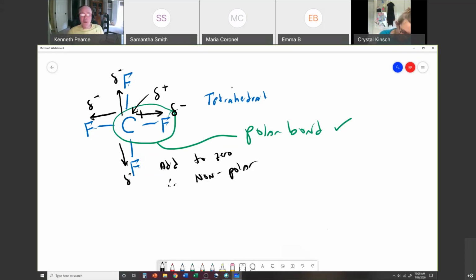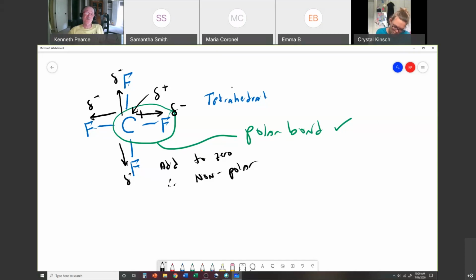Okay, another way of looking at this is that there has to be a net pull. You have to have a net pull in one direction or the other. And in this case, we're pulling equally in all directions. And since we're pulling equally in all directions, they cancel each other out. And so the overall molecule is nonpolar. The overall molecule is nonpolar.